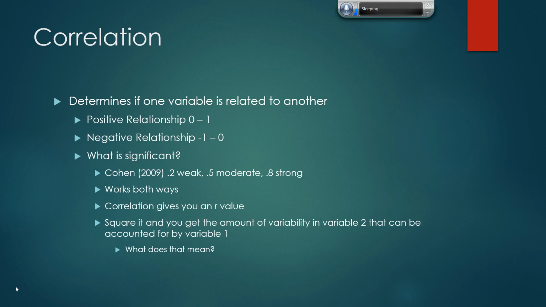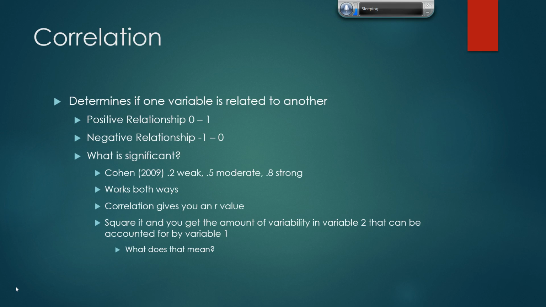As you know, correlation gives you an R value. The other piece of information you can derive from your correlation coefficient, the R value, is R squared. R squared is a measure of the amount of variability that one variable can account for in the other variable.